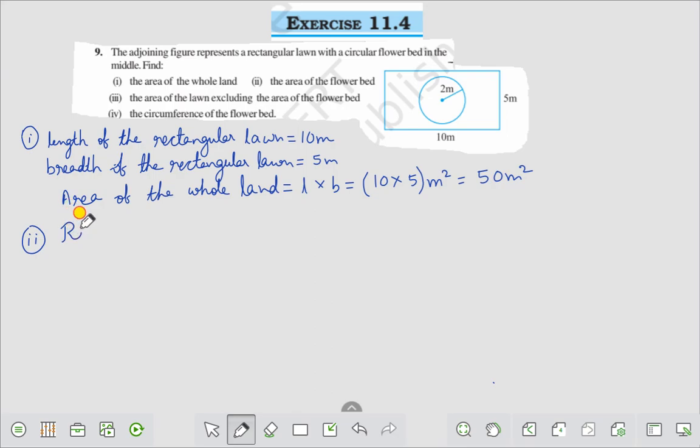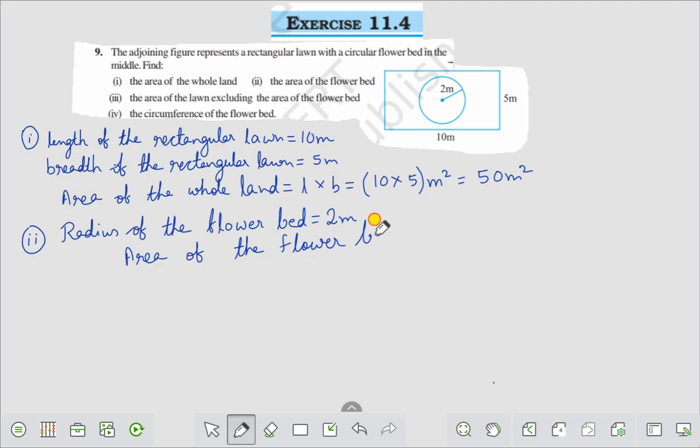Radius of the flower bed is equal to 2 meter, right? Therefore, area of the flower bed.